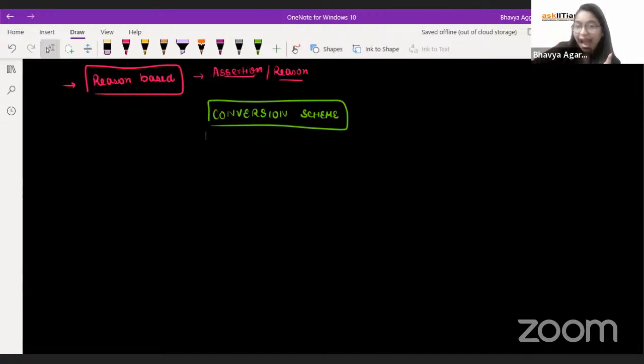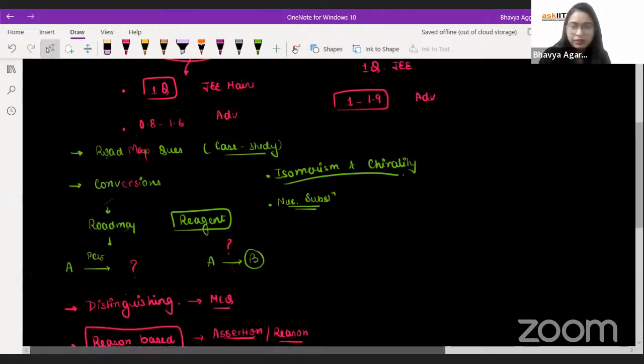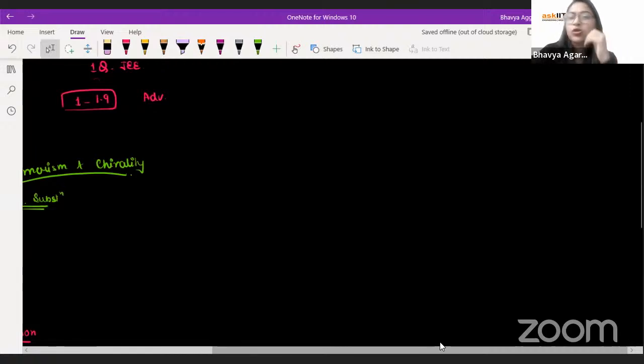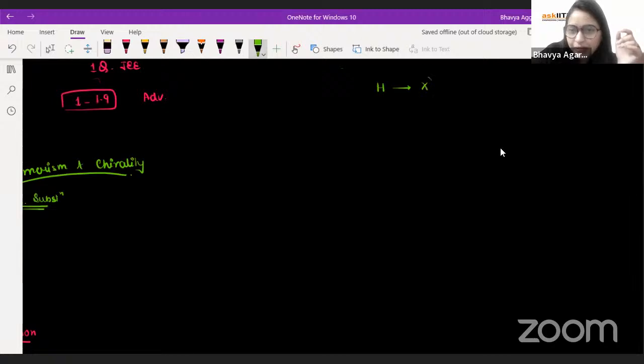Now this halogen can lie on sp2 hybridized carbon or sp3 hybridized carbon. If you remember, they say basically a hydrogen has been replaced by halogen in the alkane part or arene part.